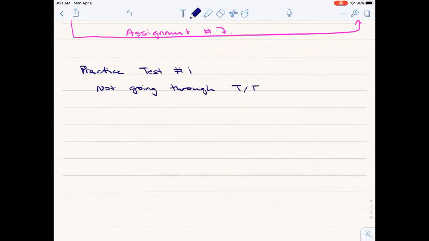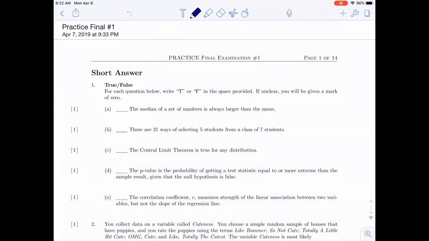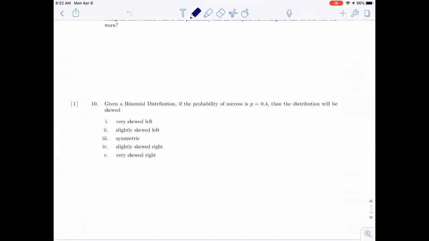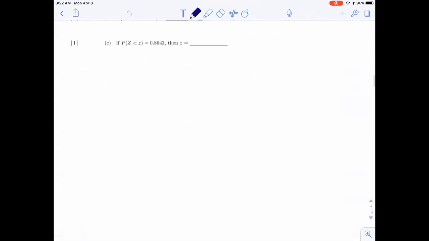The solutions that are posted have little justifications for why it would be each question, right? And so that's why I'm not spending too much time on those.